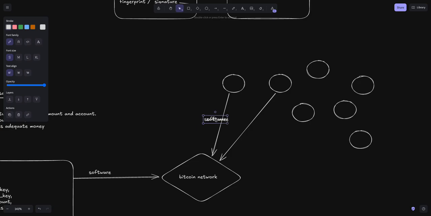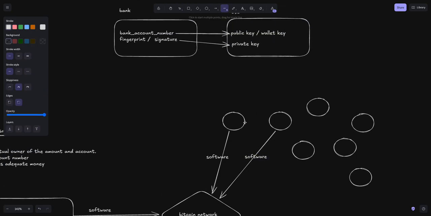These nodes are not only directly connected to the Bitcoin network, they are also connected to each other, like this. Not only one, this is also connected to this, and this is connected to this. It's a mesh network, and you can't define how anyone is connected. It could be directly or whatever.